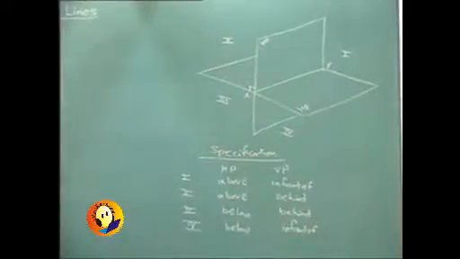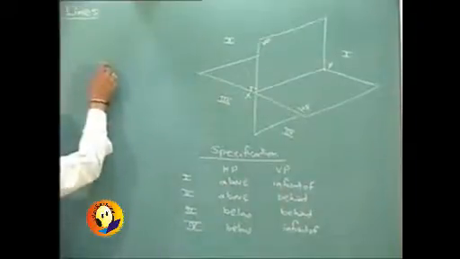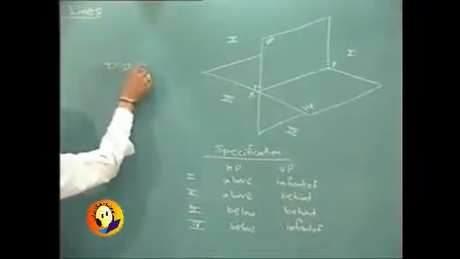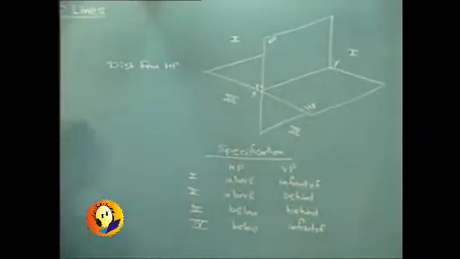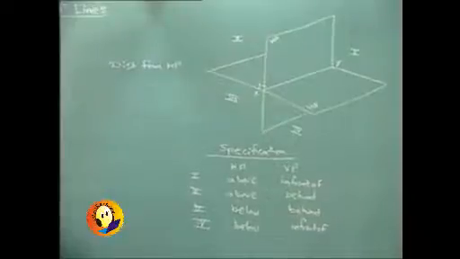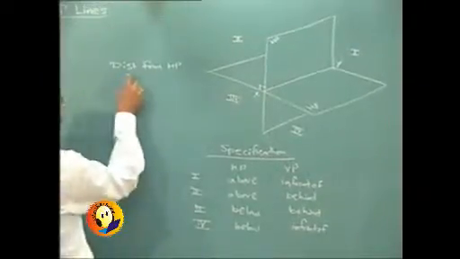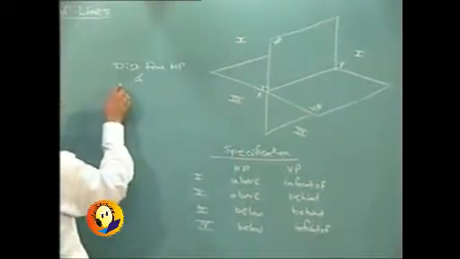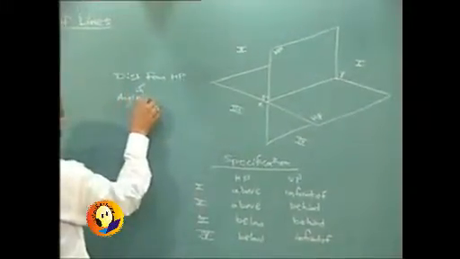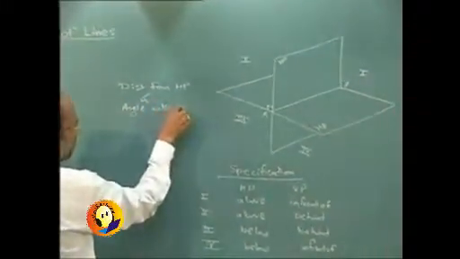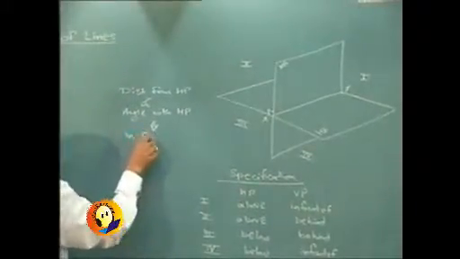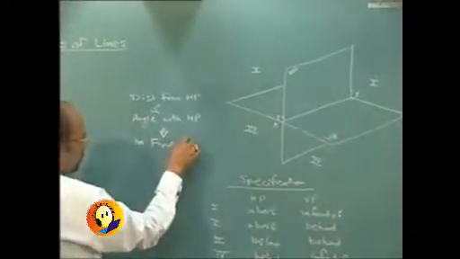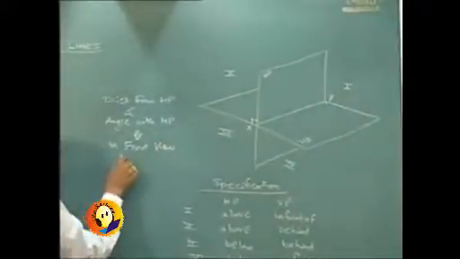We have also remembered one or two facts, that distance from HP and subsequently even the angle made with HP, distance from HP and angle with HP, is to be shown in the front view, which is also known as the elevation.